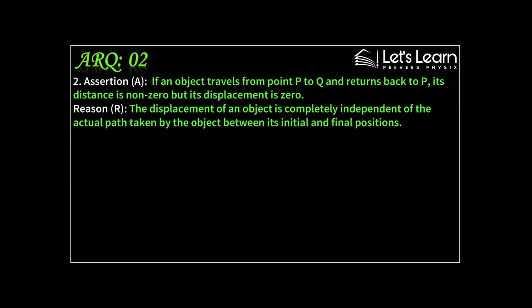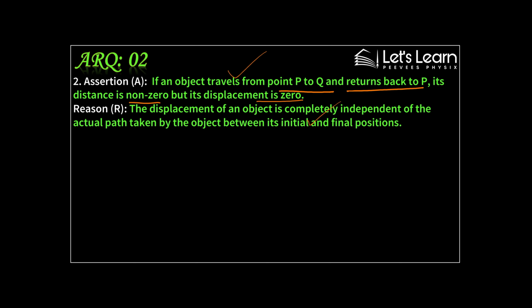Next question. Assertion says, if an object travels from point P to Q and returns back to P, its distance, of course, is non-zero, but displacement is 0. That is true. Now, let's read the reason. Displacement of an object is completely independent of the actual path, but it depends only on initial and final position. That is also true.